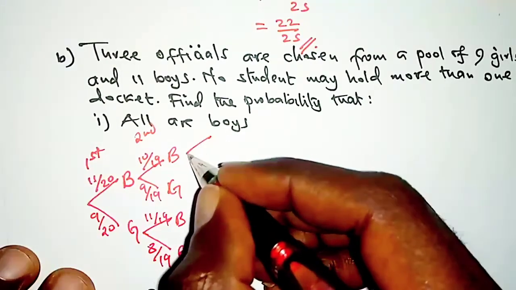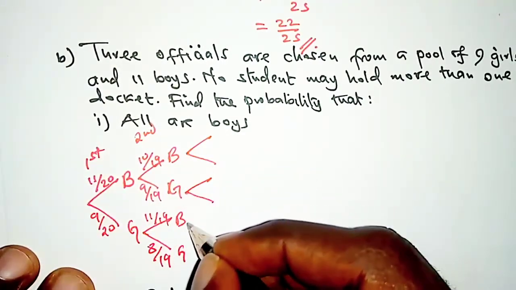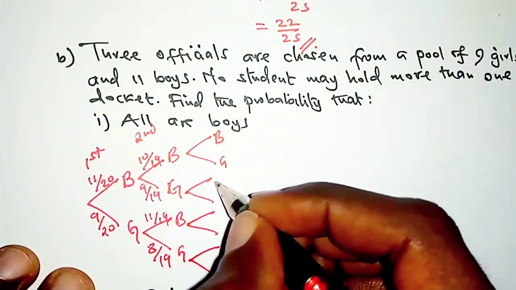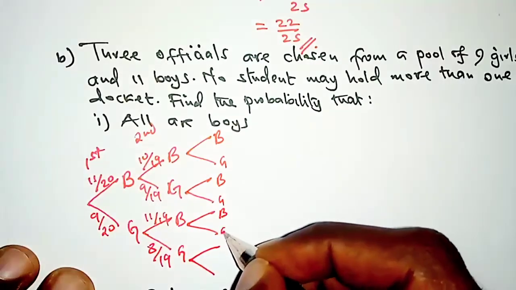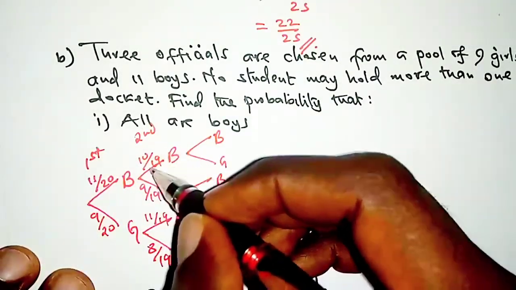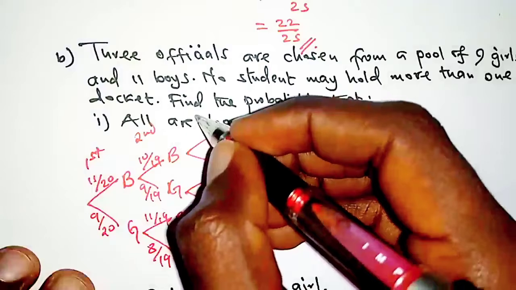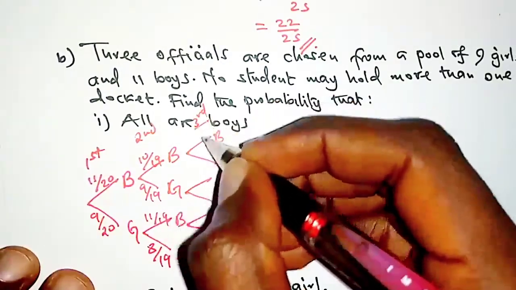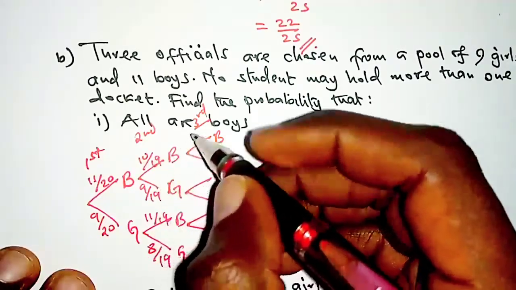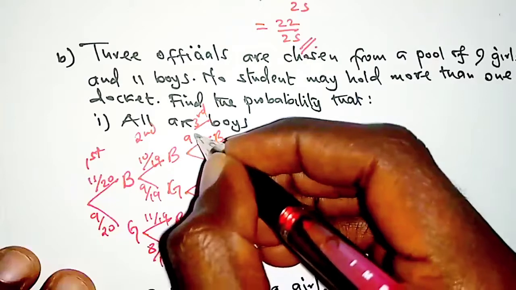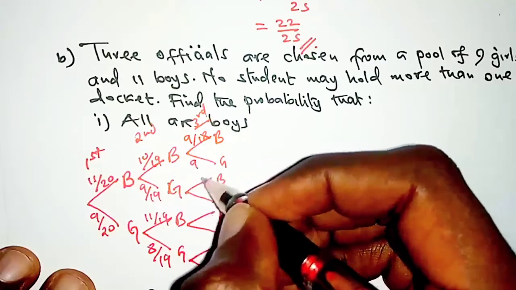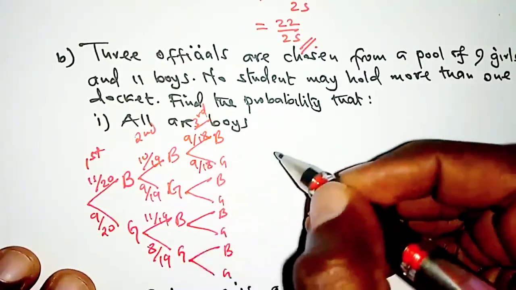And then lastly, for the third official, which will either be a boy or a girl, if in the second selection a boy had been chosen, then in the third selection the number of boys will have reduced by 1 again, so that we have here 9 over 18, and the number of girls will remain as 9 out of 18.